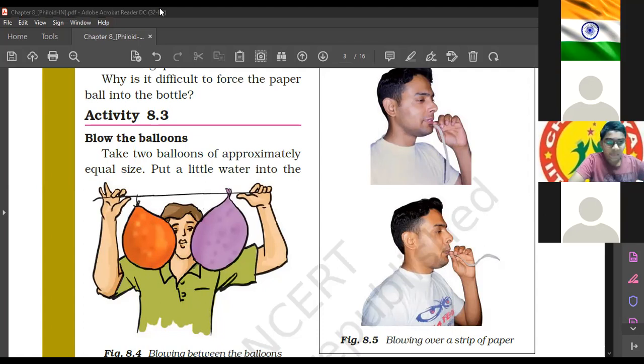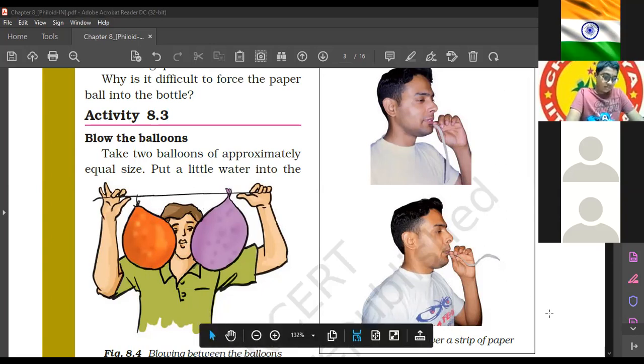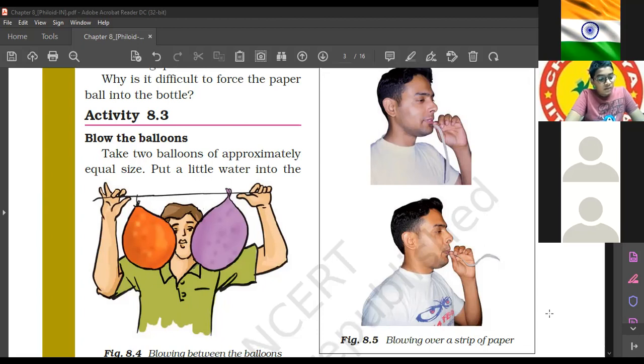Mahavir? Yes, sir. Sir, I didn't write the test yesterday because I was out. Excuse me, sir, I would like to add another point. Wind always moves from areas of higher pressure to lower pressure, sir.